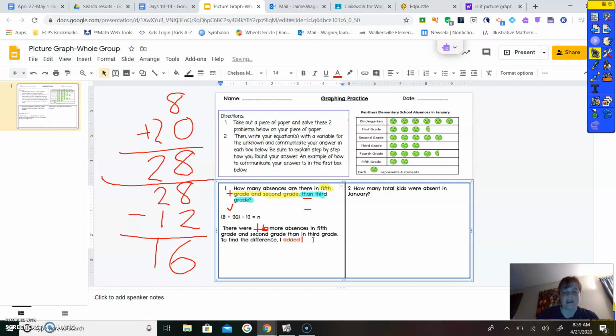To find the difference, I really need to think about this step by step. So to find the difference, I first skip counted by fours to find the number of 5th graders and 2nd graders.